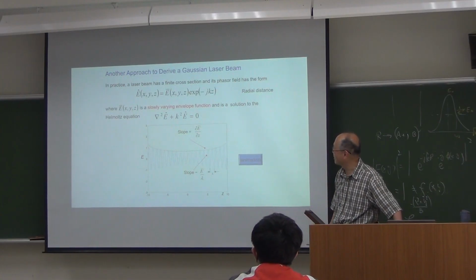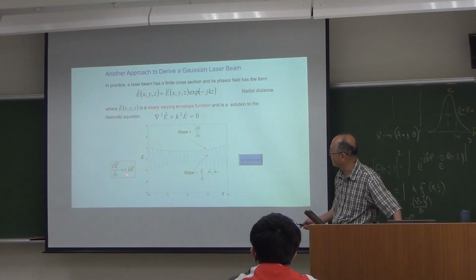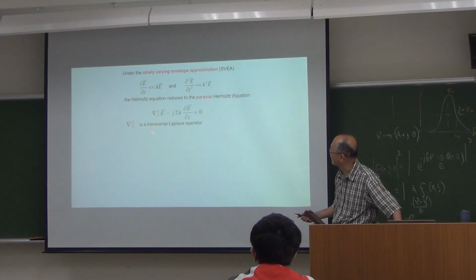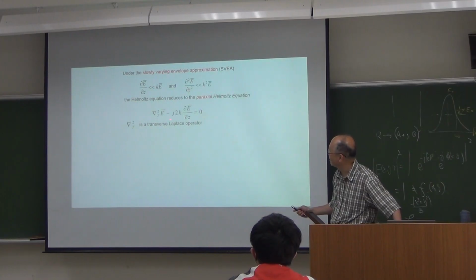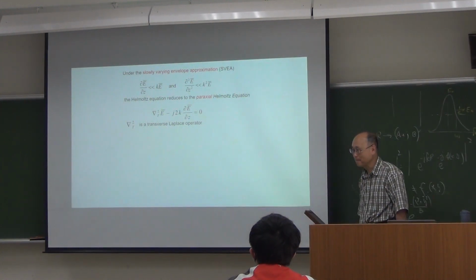The simplification is going to give you, well, I can just adopt this approximation, and then based on the assumption, you get the so-called paraxial Helmholtz equation. Okay.